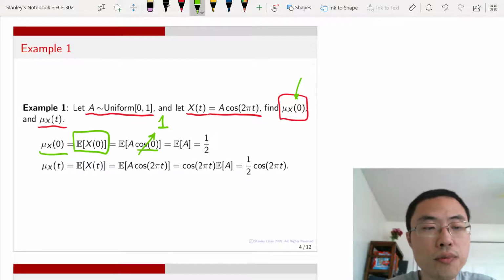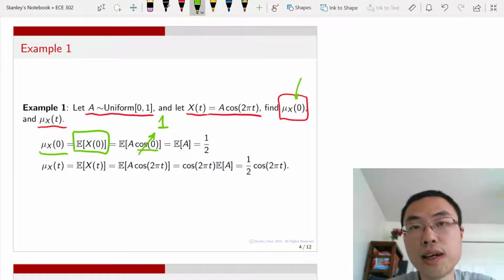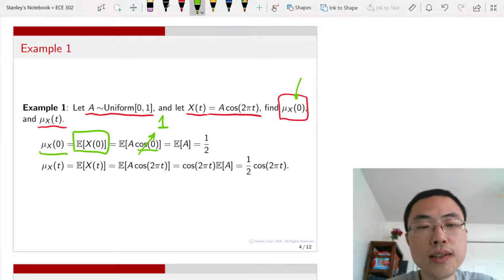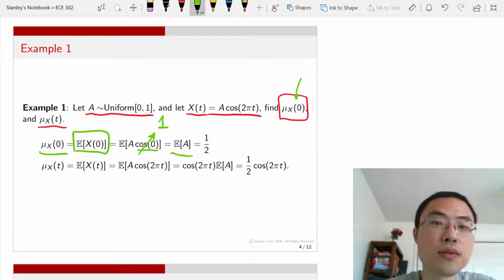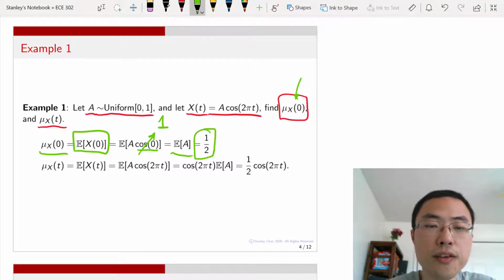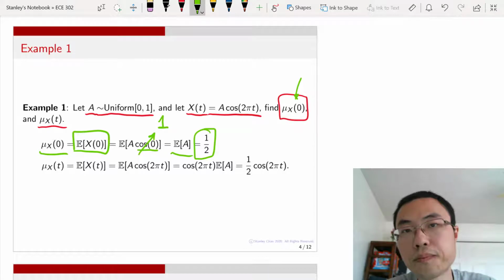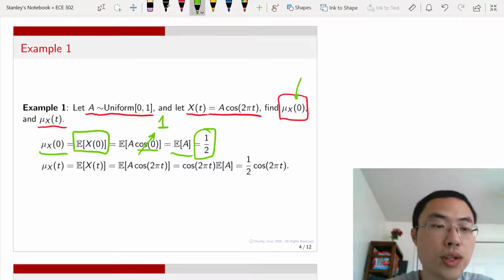Therefore your mean evaluated at time t equals 0 is equivalent to the expectation of A. Now what is the expectation of A? The expectation of A is half. So at time t equals 0, you get 1/2 as your mean. That's a value because you're looking at a particular time instance at 0.